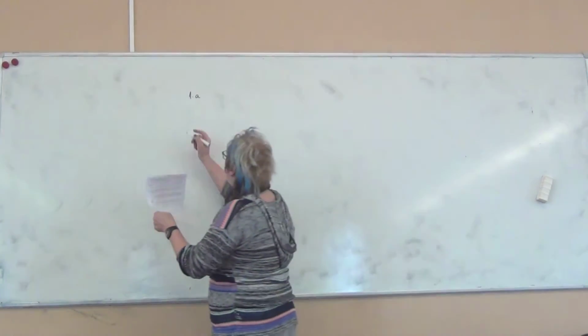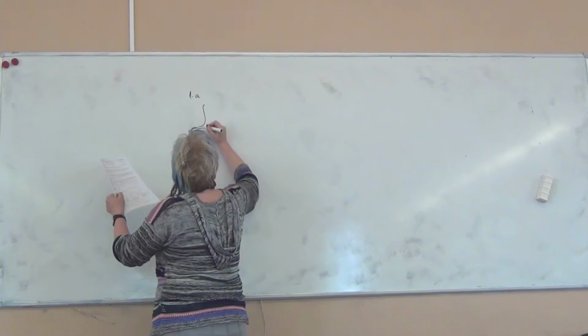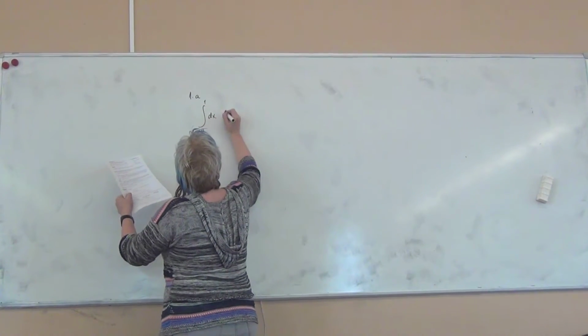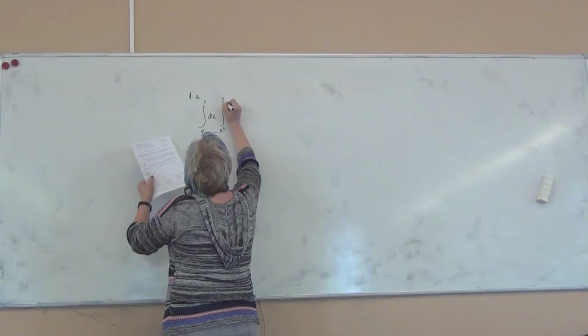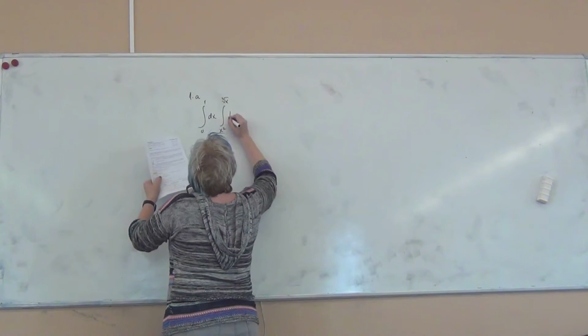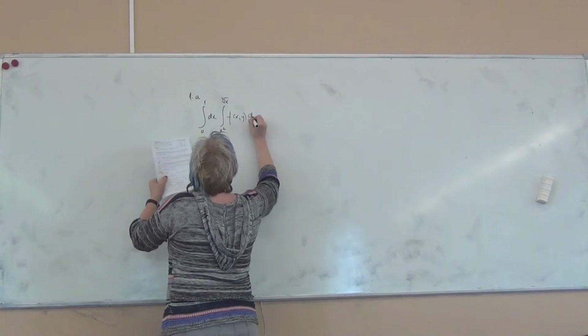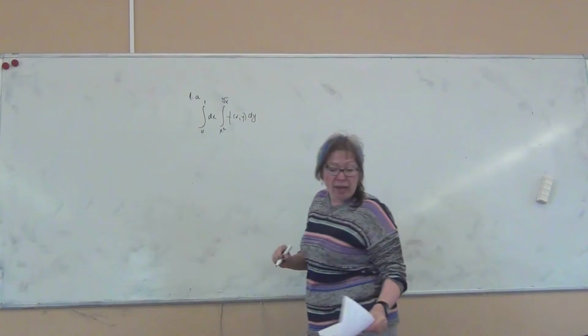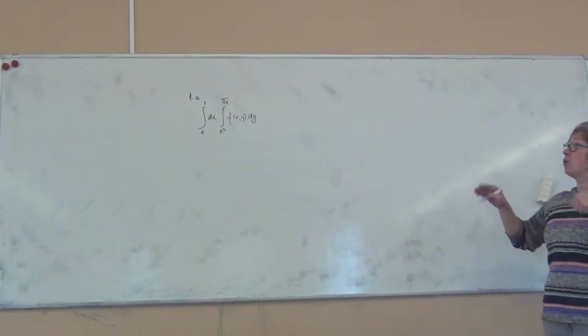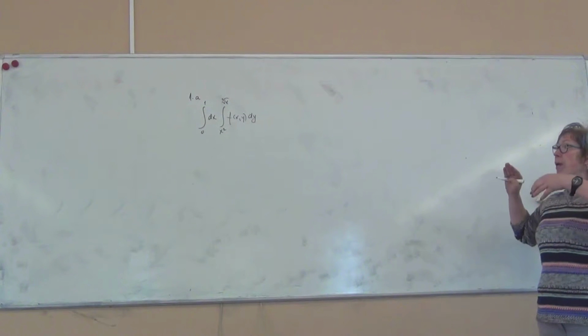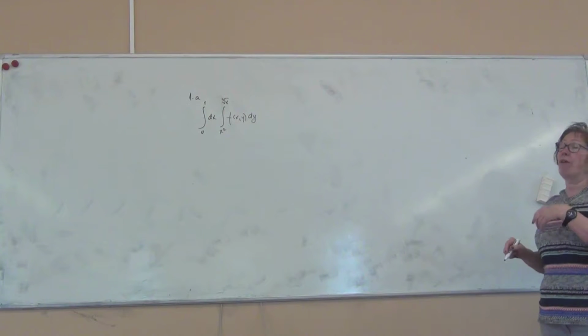And so, we simply have an integral from 0 to 1 by dx, integrating from x squared to cube root of x, f of xy dy. So we have an iterated integral. Remember that these are called iterated integrals because it's an integral taken repeatedly but by different variables.